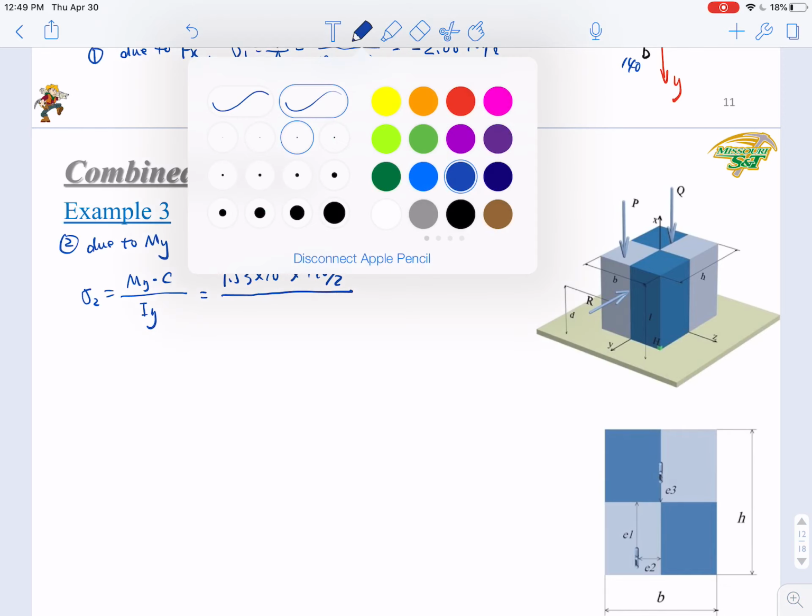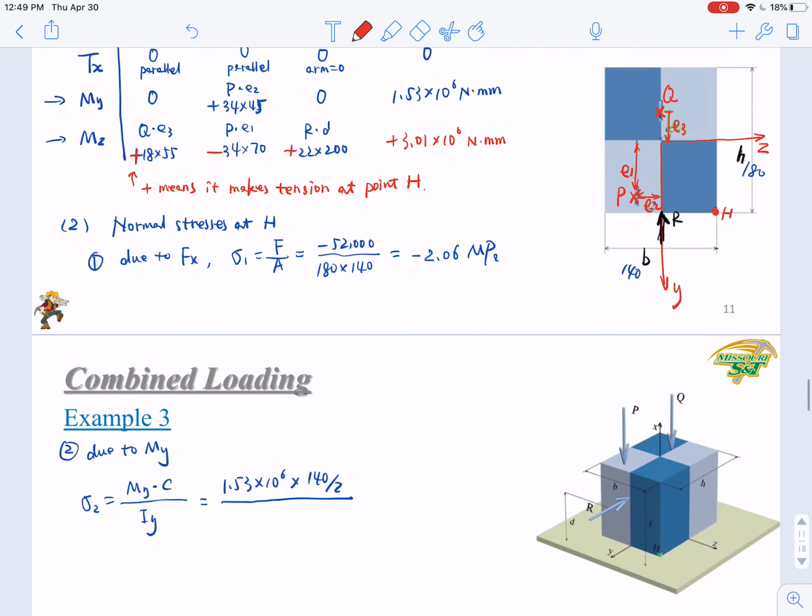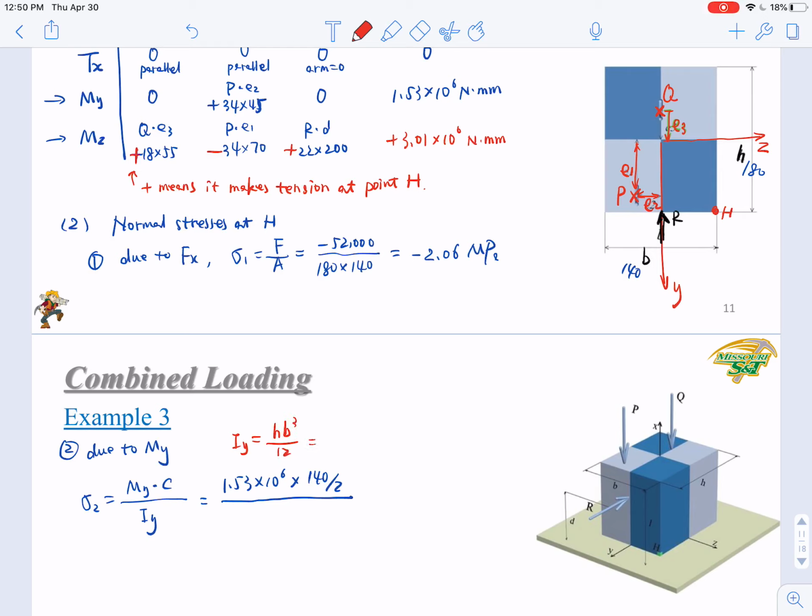So then what is Iy? Look at the cross section. We need to determine Iy. It's either BH cubed or HB cubed over 12, right? So which one? BH cubed or HB cubed? HB cubed, because we're talking about Iy with respect to the y-axis, right? So you will have HB cubed over 12, so 180 times 140 cubed over 12.